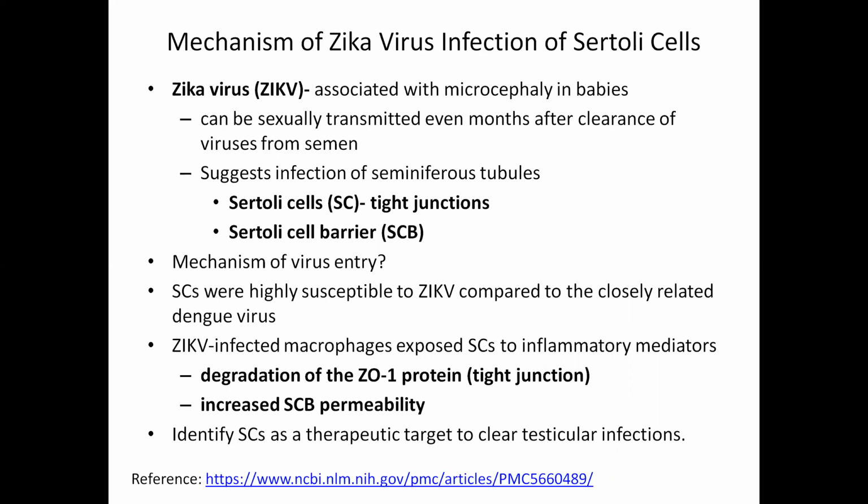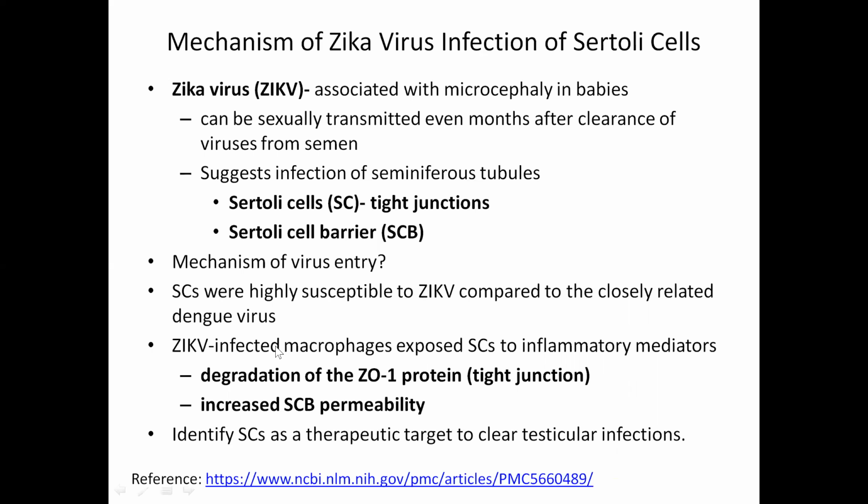So the scientists wanted to know what is the mechanism of the Zika virus entry into the Sertoli cell barrier. And they found that Sertoli cells were highly susceptible to Zika virus as compared to the closely related dengue virus. So Zika virus definitely had a different mechanism of entering the cells. They found that Zika virus infected macrophages exposed Sertoli cells to inflammatory mediators.